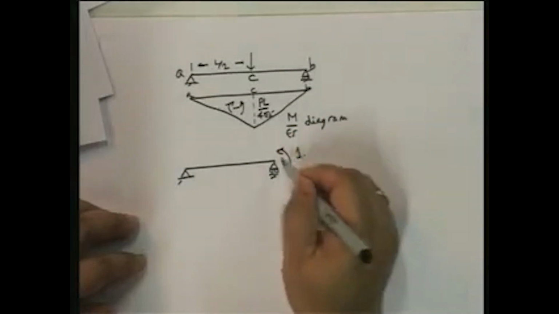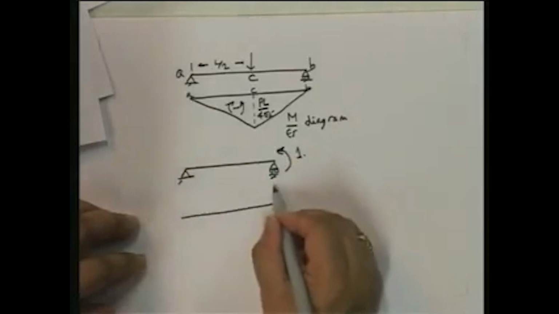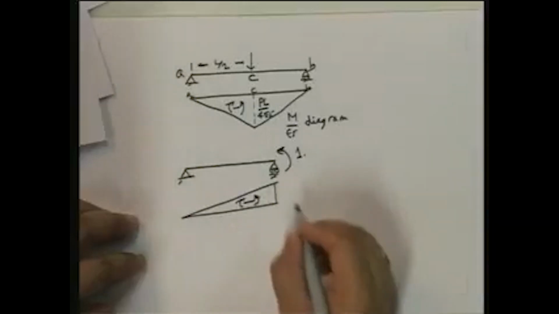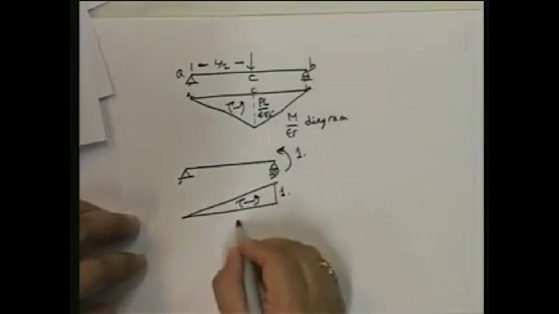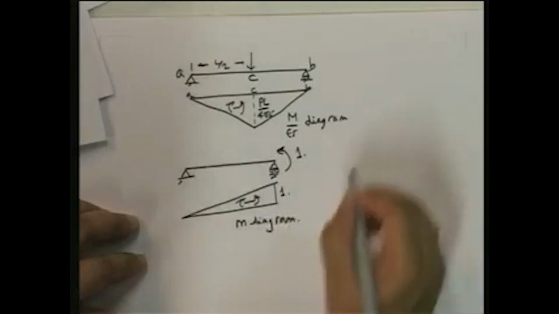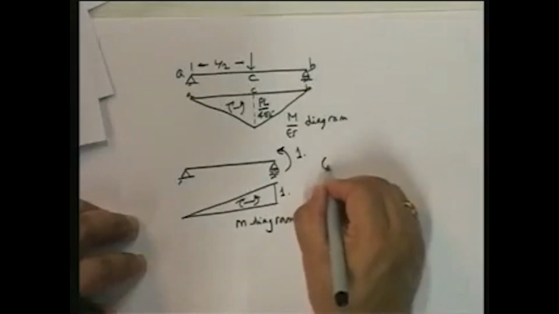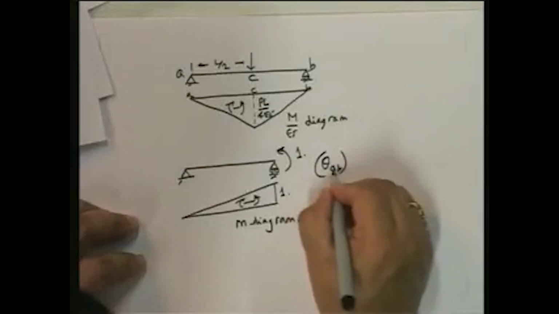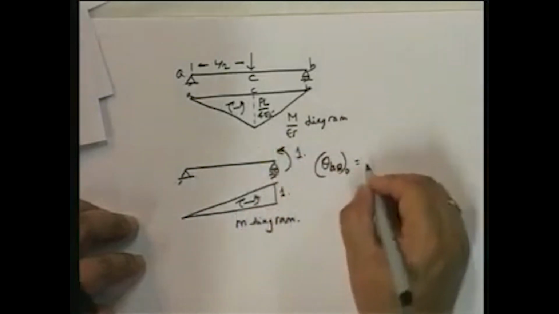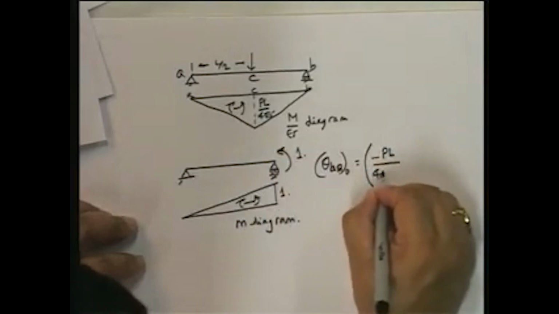a unit force corresponding to the theta, which is a unit moment, and then find out the bending moment diagram. And the bending moment diagram over here is going to be 1. So this is my small m diagram, and therefore 1 into theta BA 0, that's the external virtual work. Okay, theta BA 0 is going to be equal to the area under this curve, and I'm not going to go through the steps again, I've already gone through them the last time.